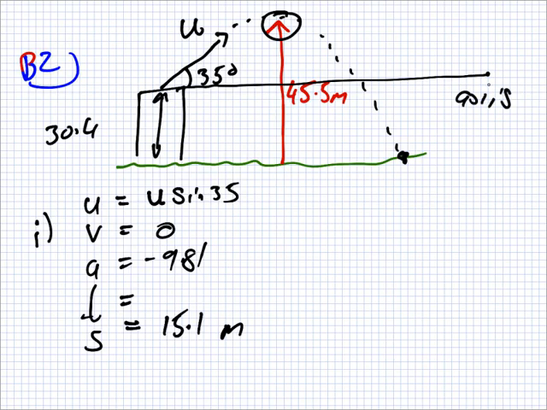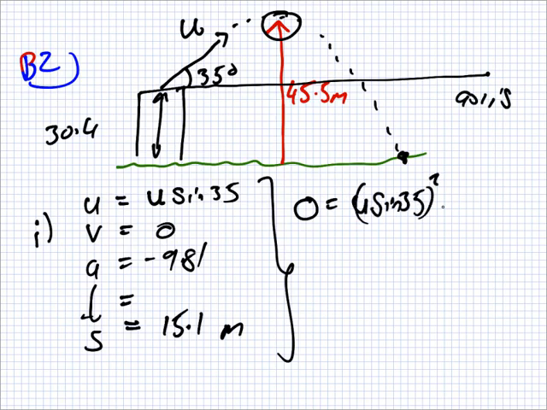Right, so what can we use here? What about V squared equals U squared plus 2AS?